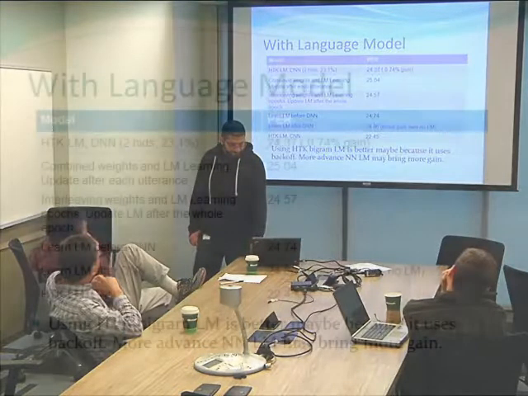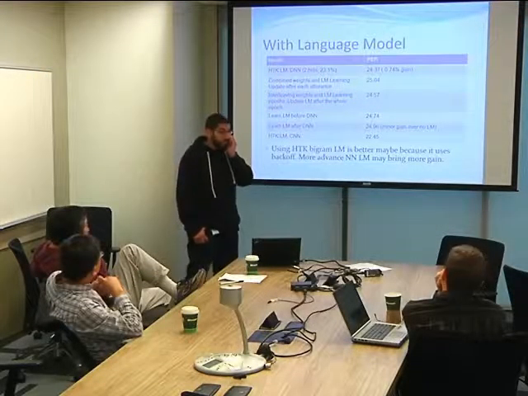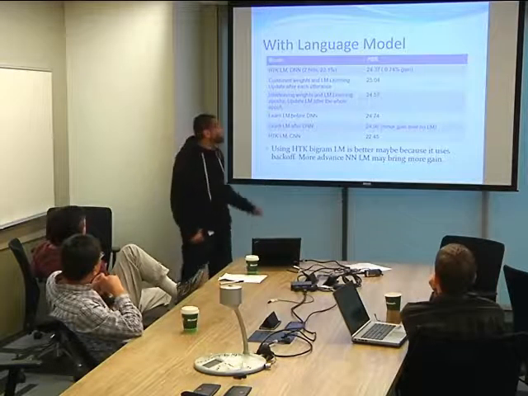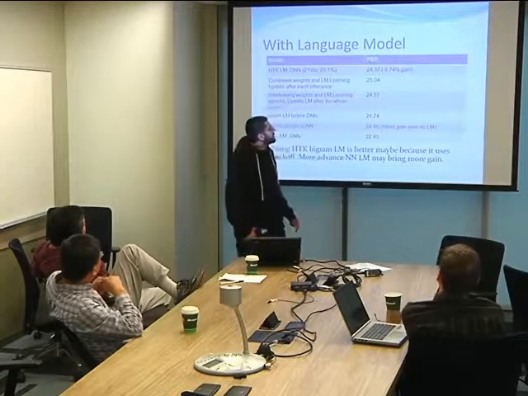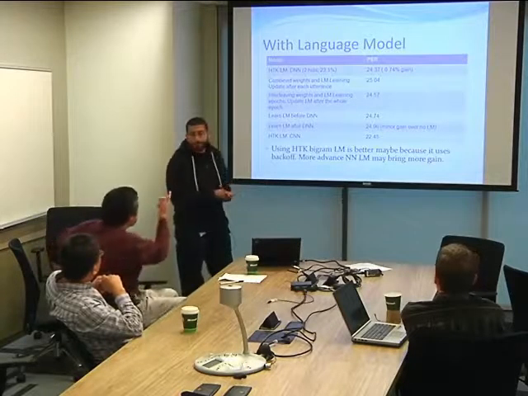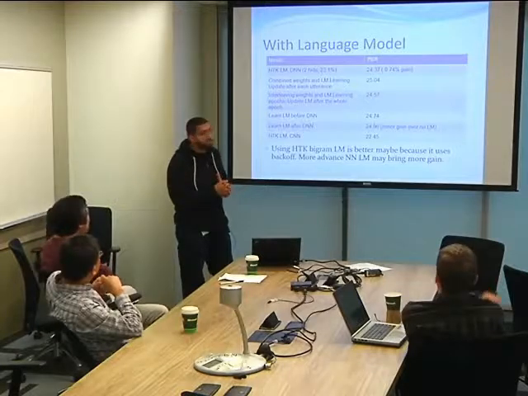Here I try to use the bigram language model. I just use the log probability of the bigram language model that I get from HTK, and I get a 0.74% gain. What is so low?